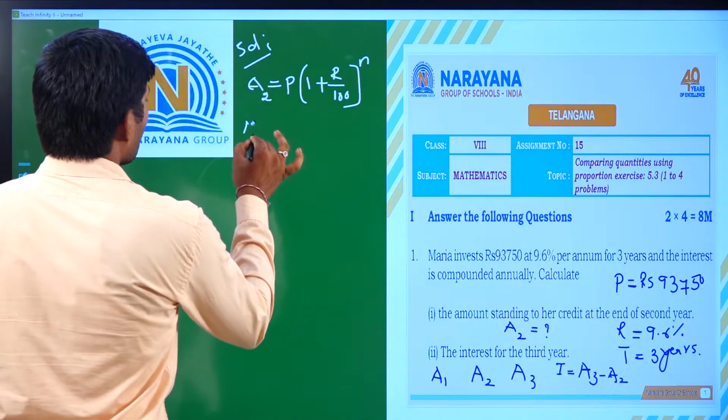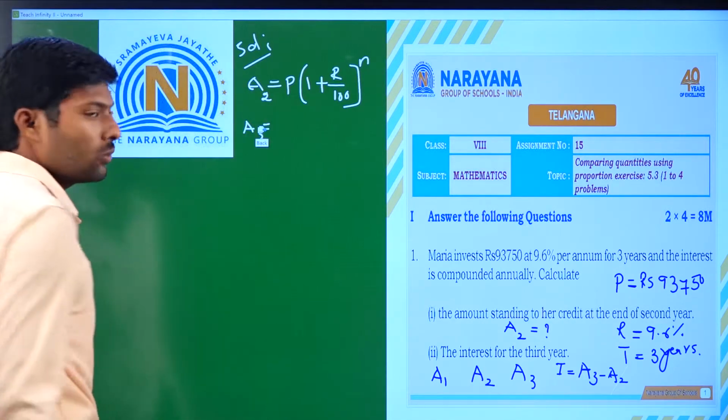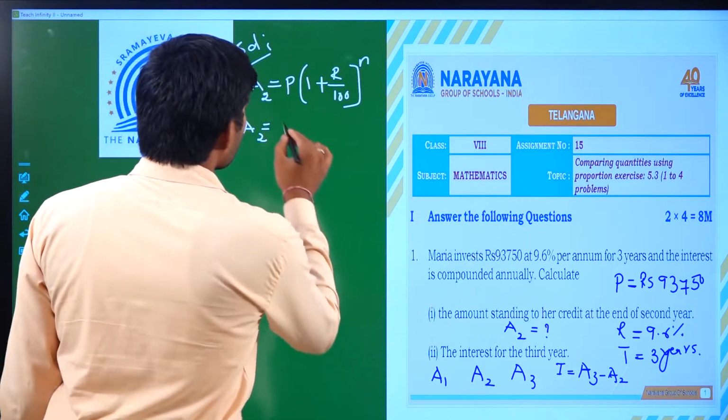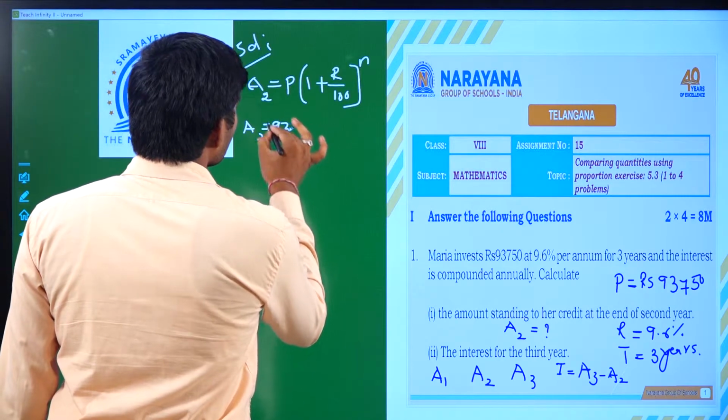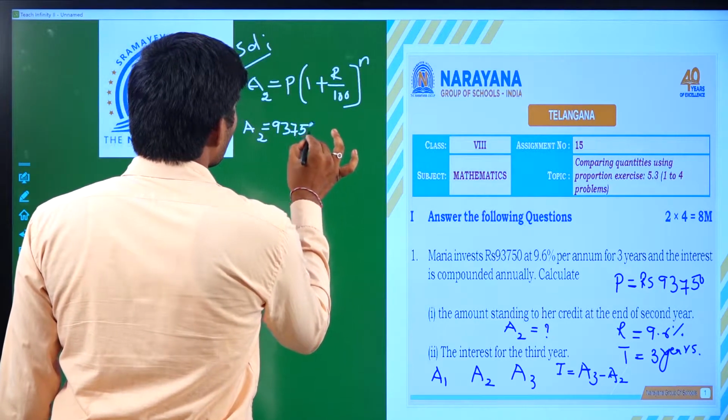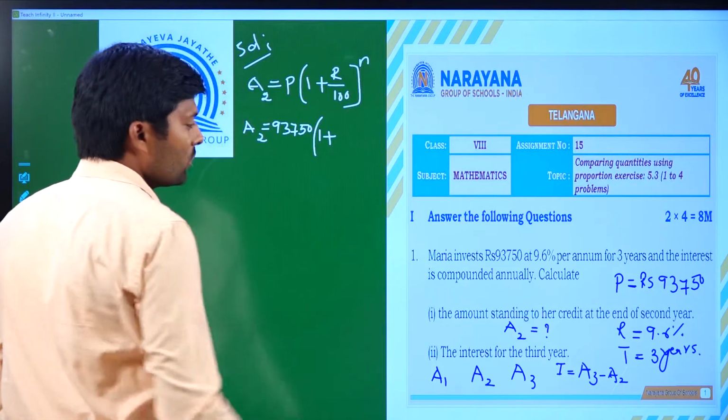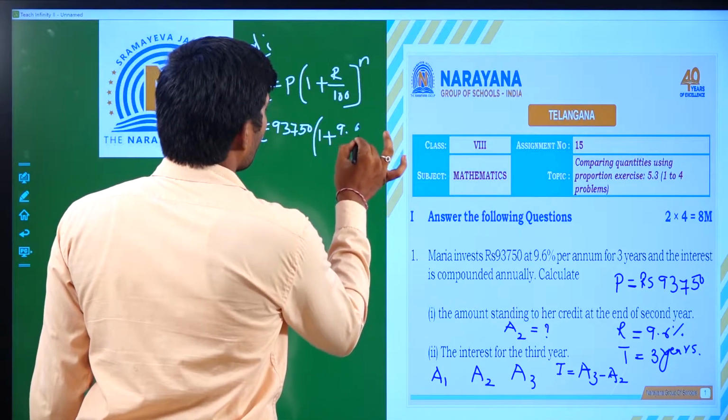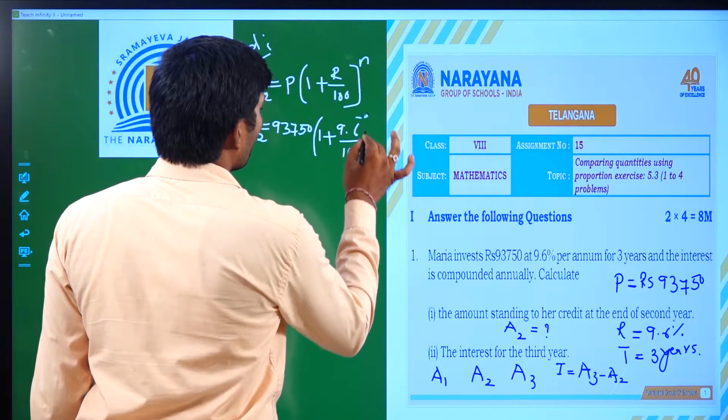So A2 is equal to 93,750 into 1 plus 9.6 upon 100 whole power 2.